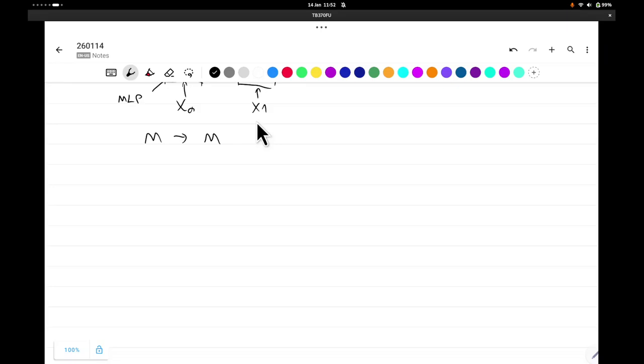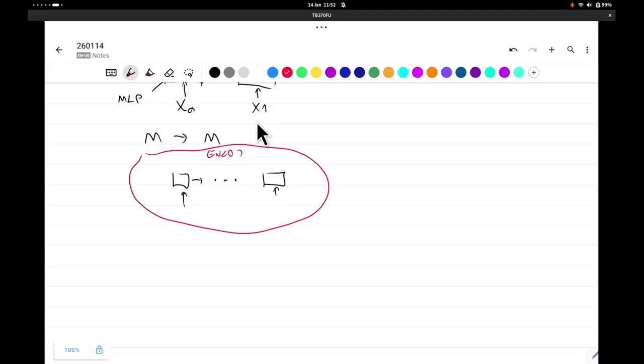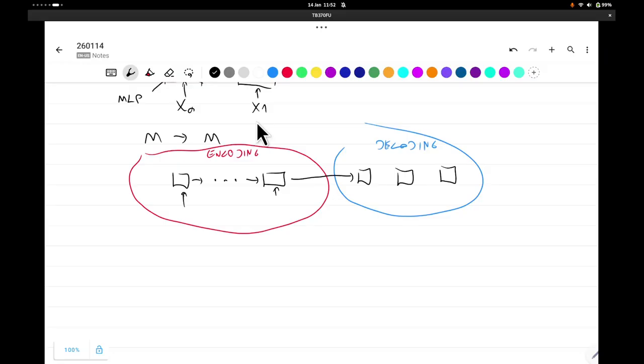It is an instance in which we first have a so-called encoding part, and then we have a decoding part, where you have your inputs, and here you have your outputs.